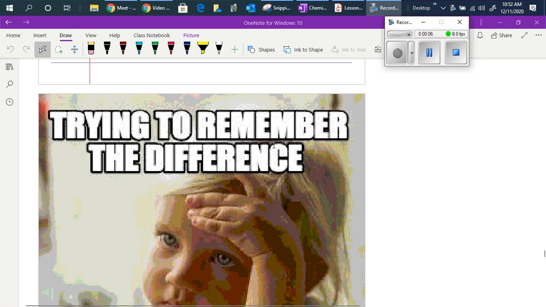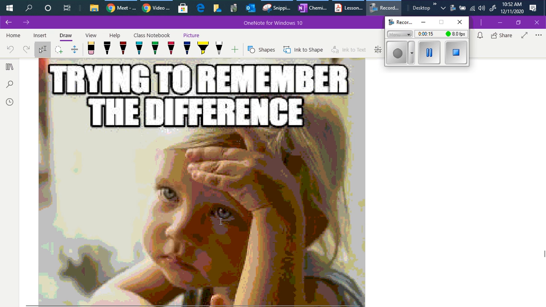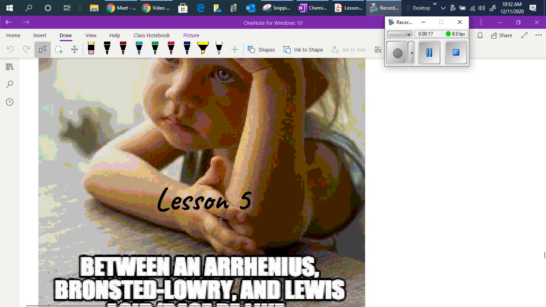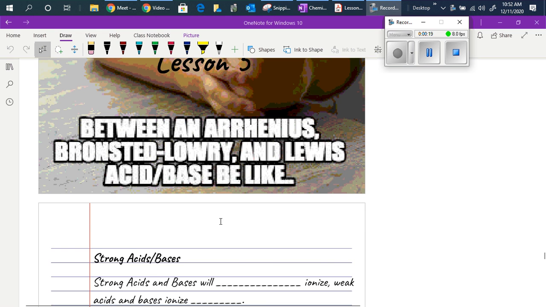Okay, so today we will talk about lesson 5, which is the last lesson of your acids and bases solutions unit, and it is talking about Arrhenius and the modified Arrhenius theory.